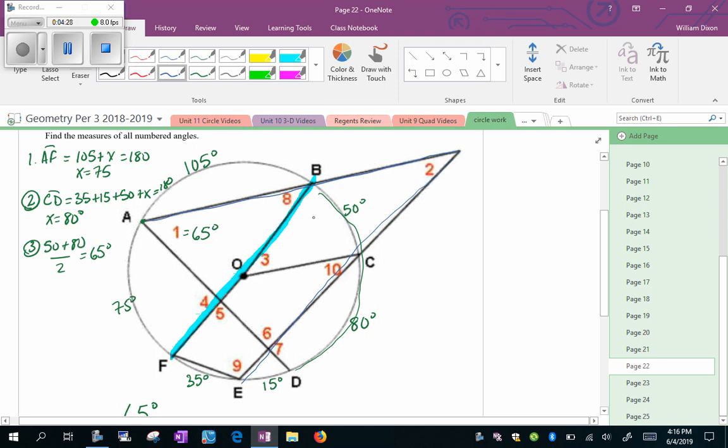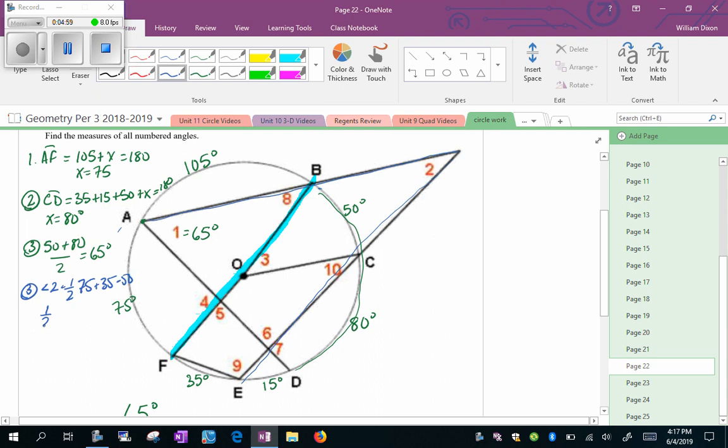So angle 2 is 1/2 of 75 plus 35 minus 50, because that's the major minus the minor, and it's 1/2 of it.